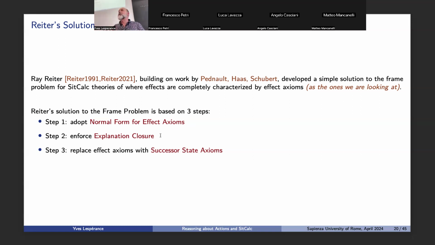So you have characterized all the effects for your domain. That's the explanation closure. And the last thing, from the result of step two, is that you obtain new axioms that you call successor state axioms, which capture both the effects and that nothing else changes.